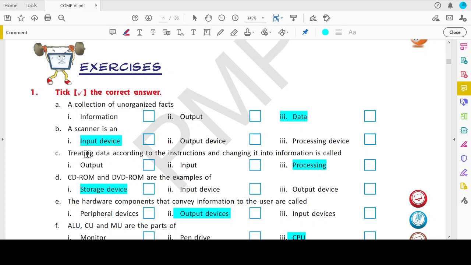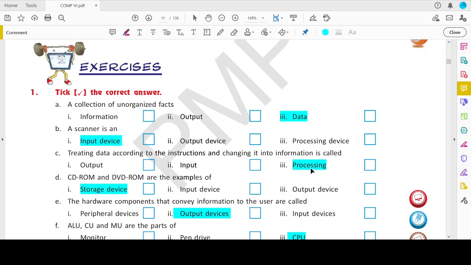Next, treating data according to instructions and changing it into information is called output, input, or processing. It is called processing. Treating data according to instructions and changing it into information is called processing.